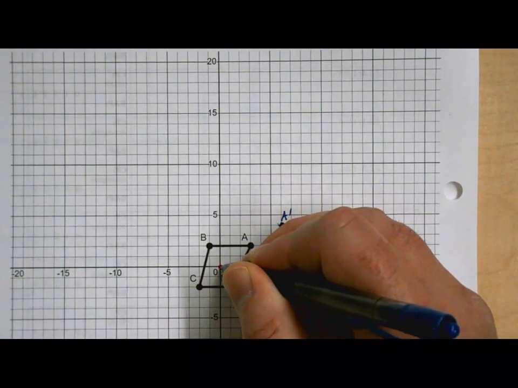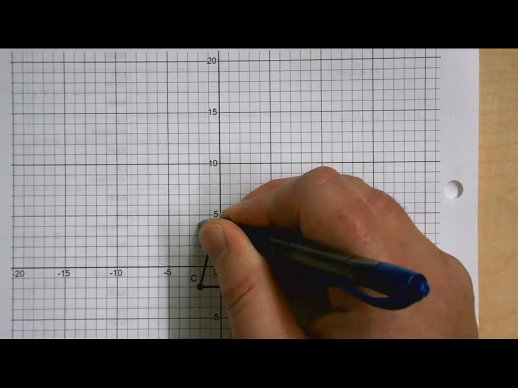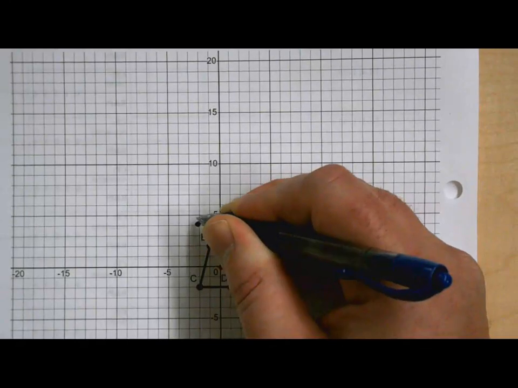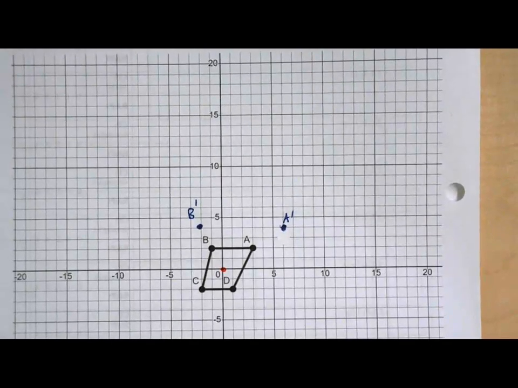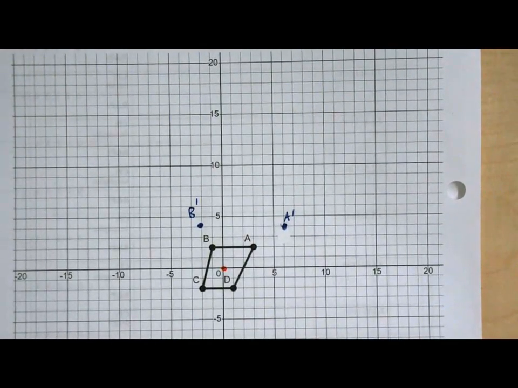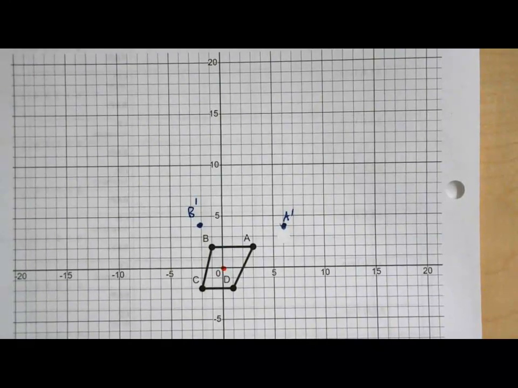So double both of those. Up 2 over 1 becomes up 4 over 2. And that would be B prime. I'll leave C prime and D prime up to you.